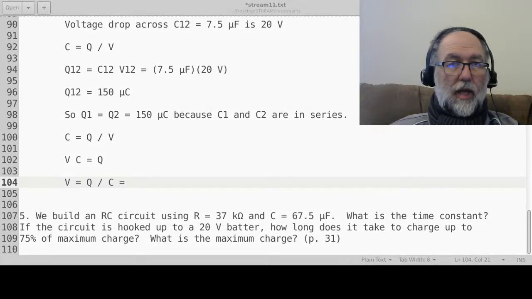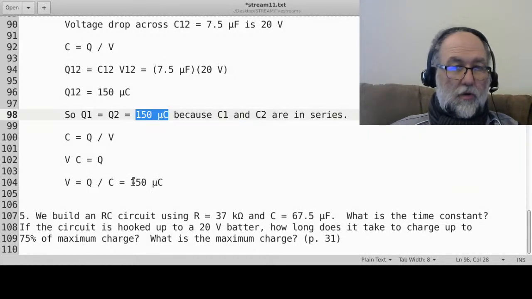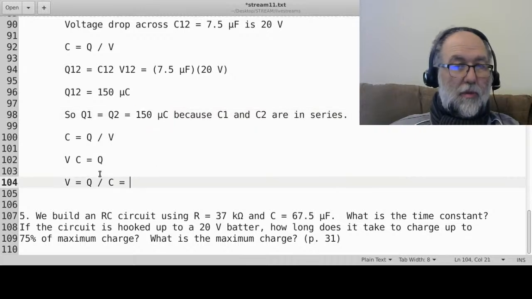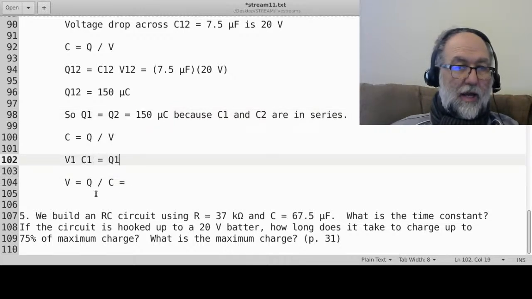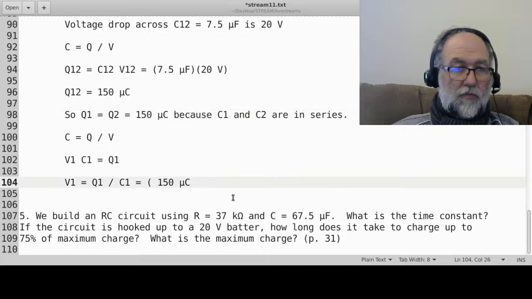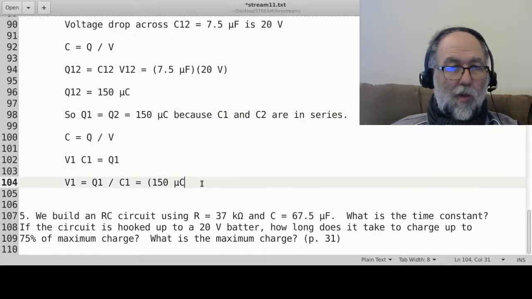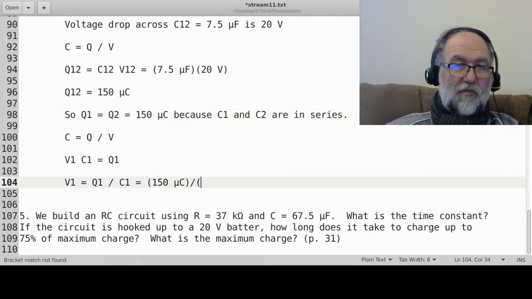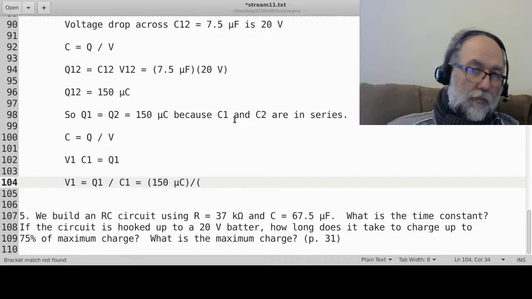All right. And we know Q is 150 microcoulombs. Oh, and I better put some subscripts on this. So let's do it for number 1 first. So Q1 is, well, that's the same for 1 and 2, but that's all right. Q1 divided by C1.